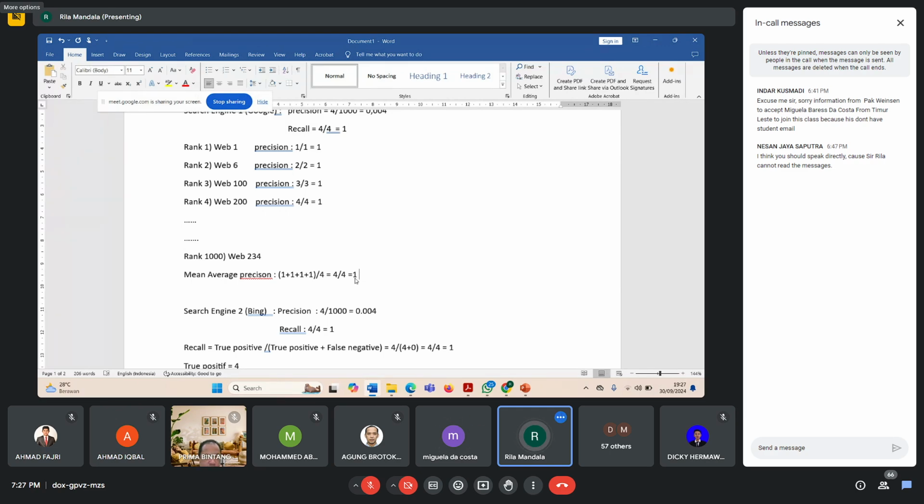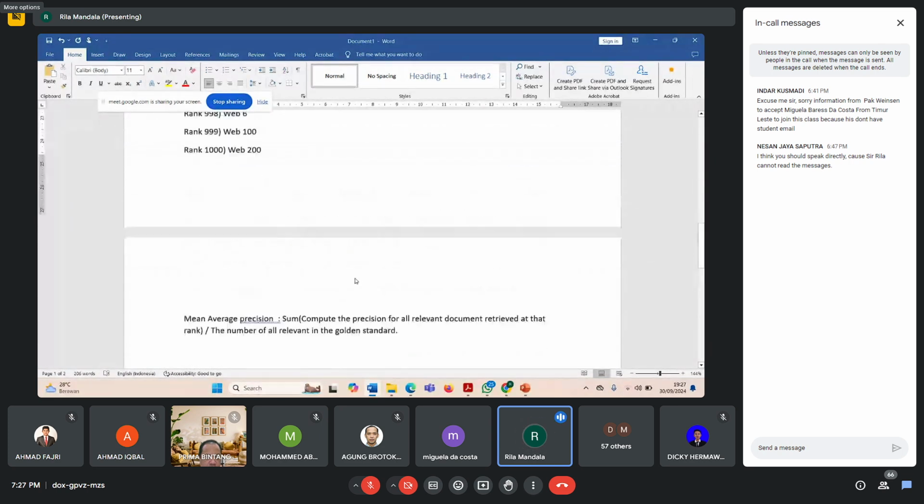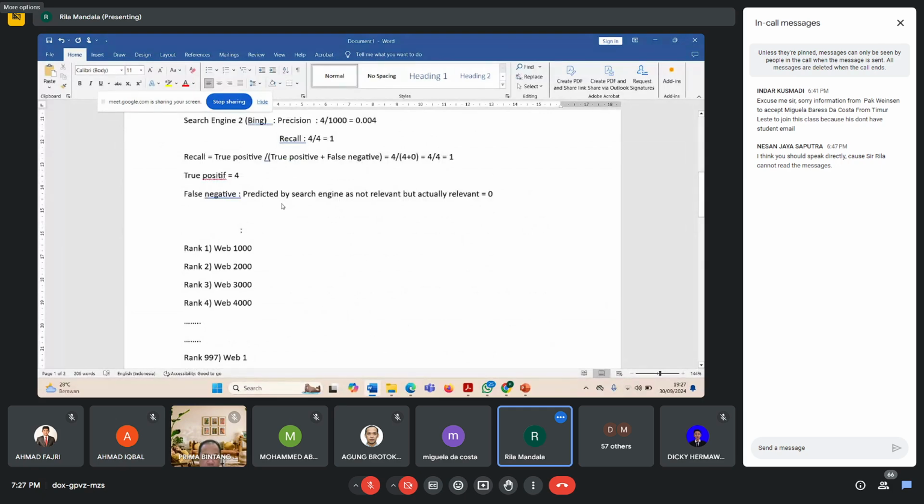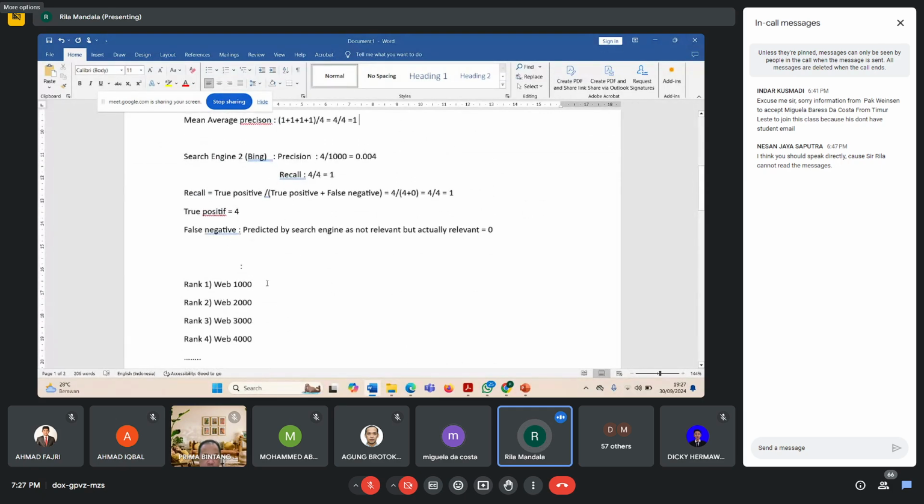Okay, that is for Google. How about for Bing? In rank 1, is this a relevant document or not?